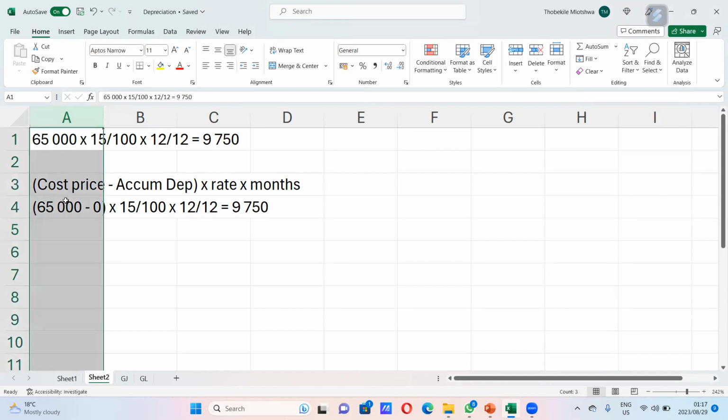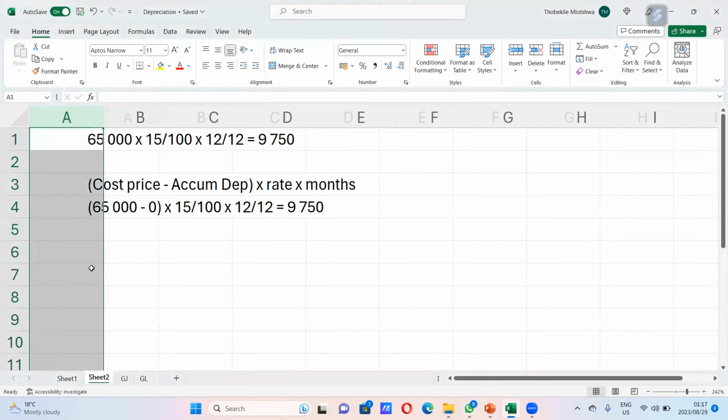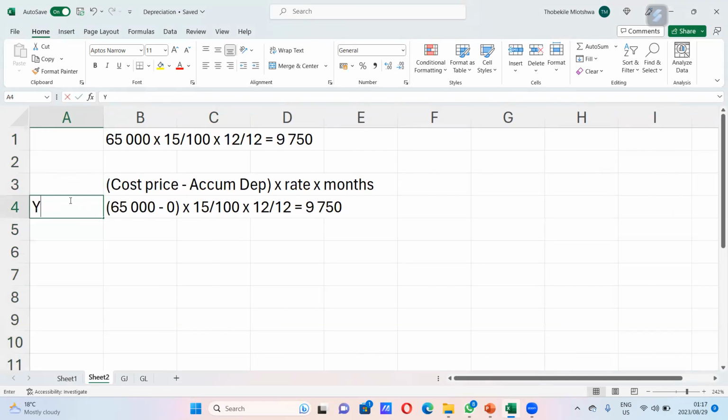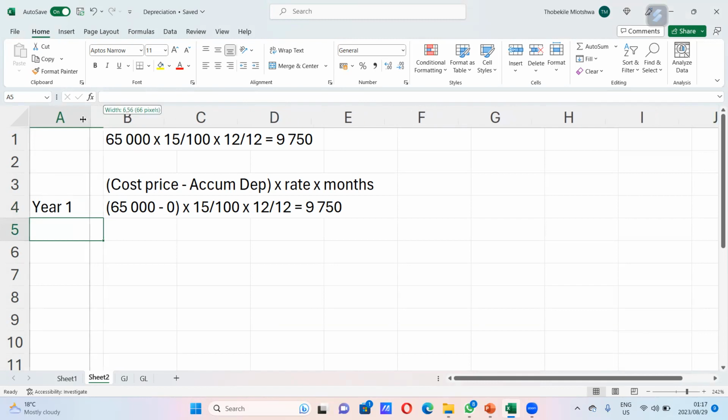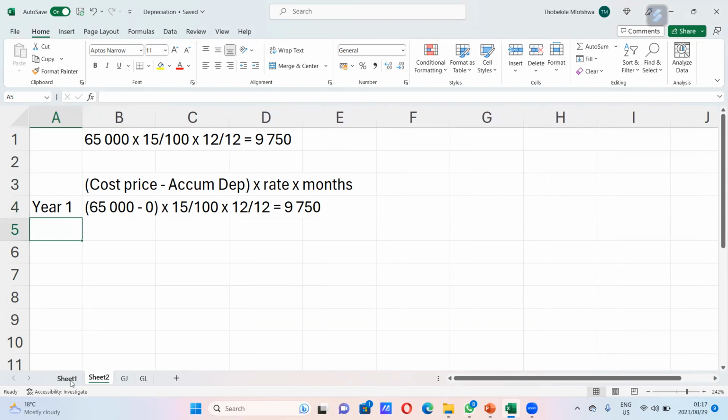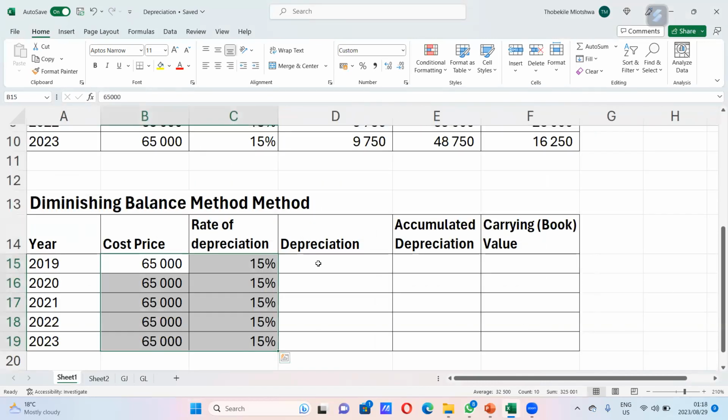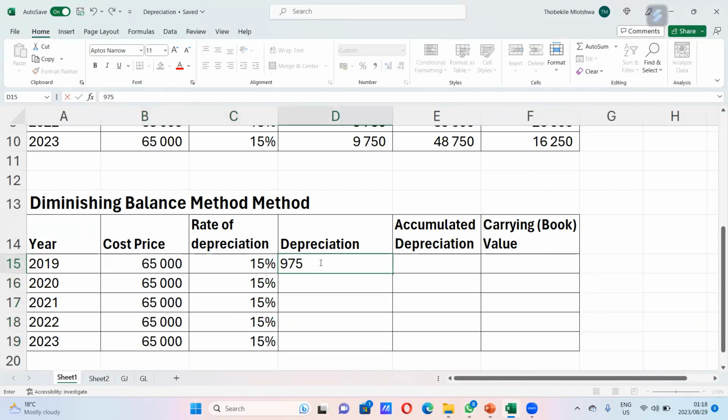Let me make it clear. Year one: that's the depreciation for year one, 9,750. Then accumulated depreciation is also 9,750, because there's nothing in the previous years.